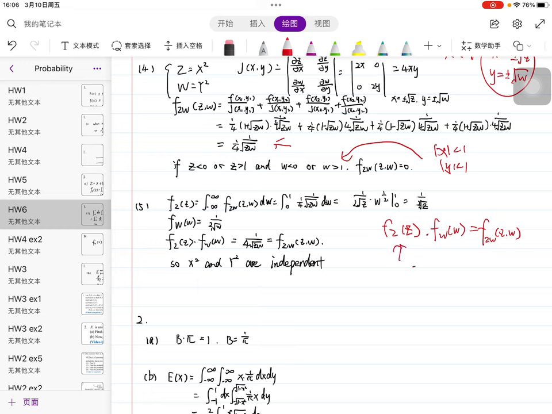Based on the marginal density functions, we calculate these two and multiply them together to check if we could write an equal sign. Based on the calculation, Z and W are independent. I think that's enough for this question.